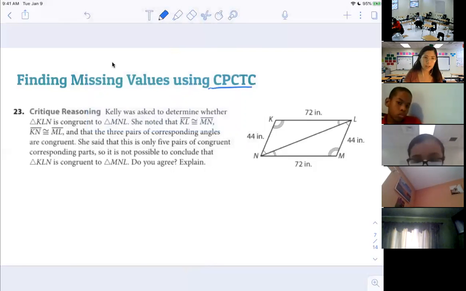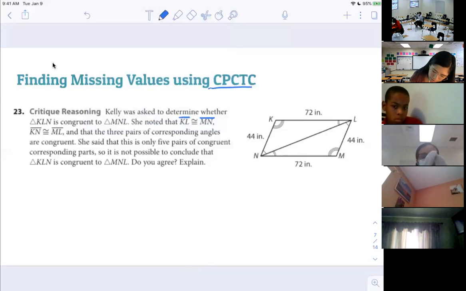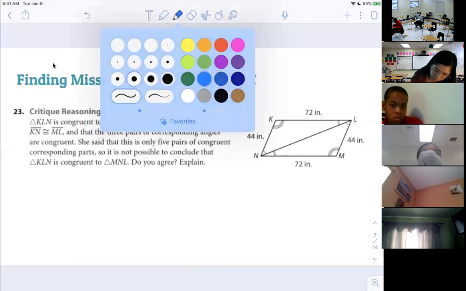All right, so like she says, oh my bad, I got disconnected, hold on. There we go. All right, so like she says, she noted that line segment KL is congruent to line segment MN. So that's the 72 and the 72, those are congruent.